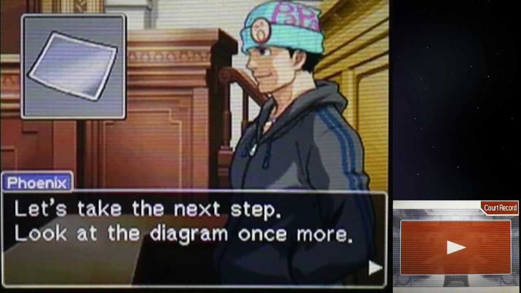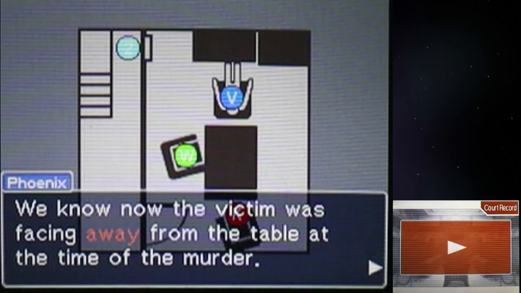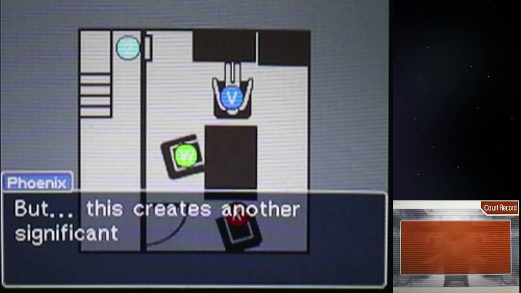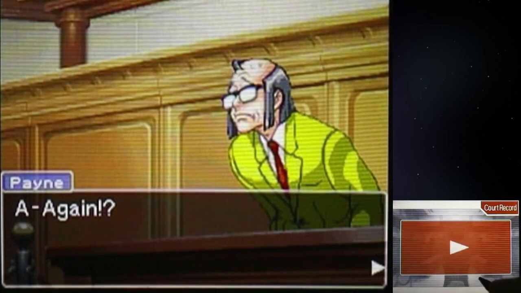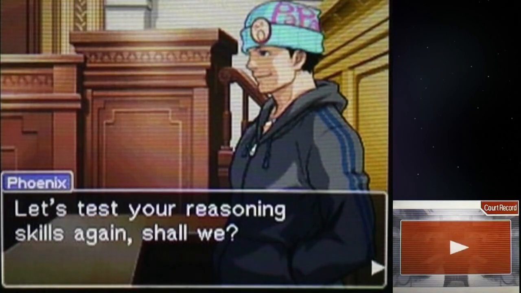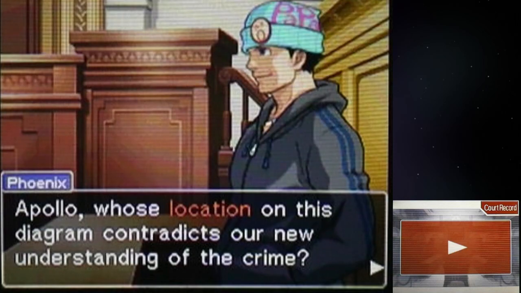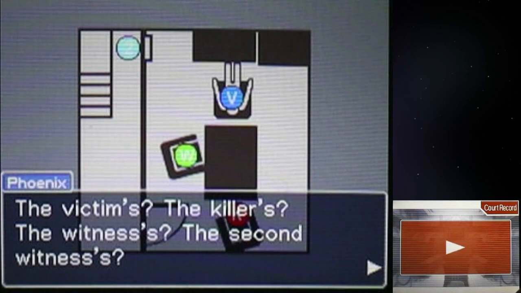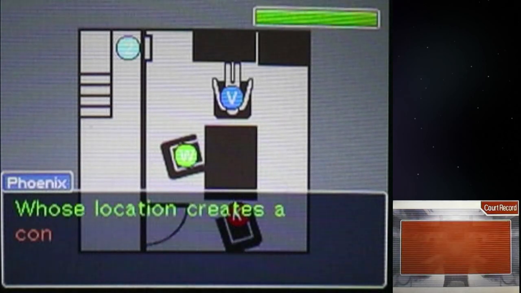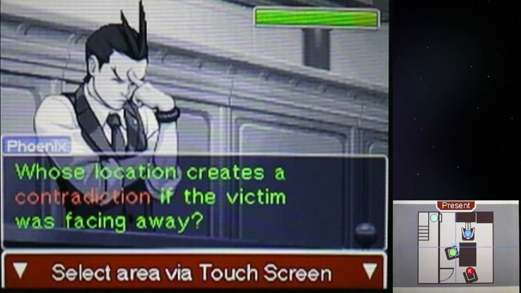Let's take the next step. Look at the diagram once more. We know that the victim was facing away from the table at the time of the murder. But this creates another significant contradiction. Again? Let's test your reasoning skills again, shall we? Apollo, whose location on this diagram contradicts our new understanding of the crime? The victim's? The killer's? The witness's? The second witness's? Whose location creates a contradiction if the victim was facing away?